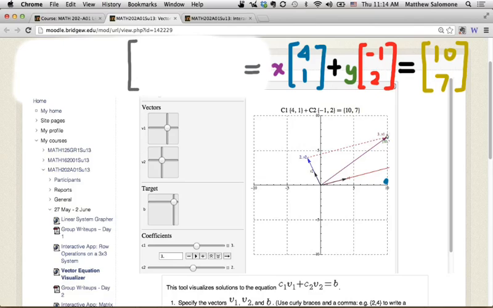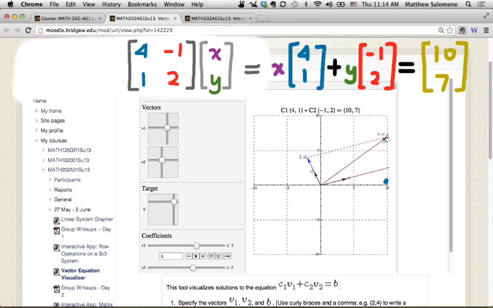on a matrix having these coefficients, so (4, 1) and (-1, 2), operating on a vector, which we're going to write as a column, and the entries of that vector are the coefficients of our linear combination, x and y.